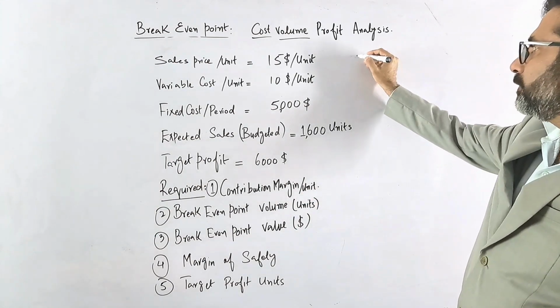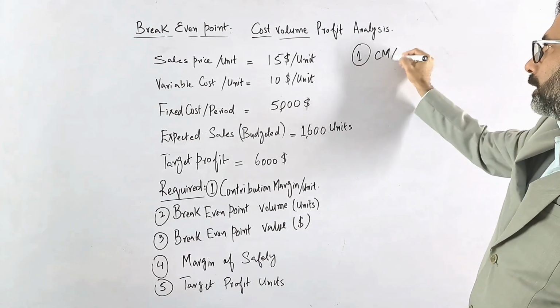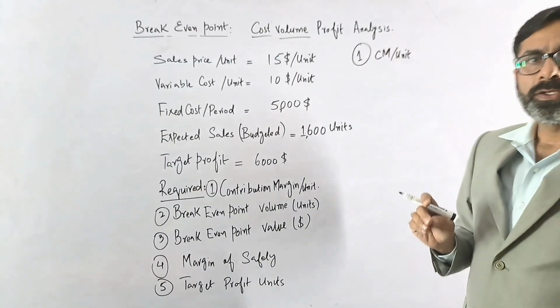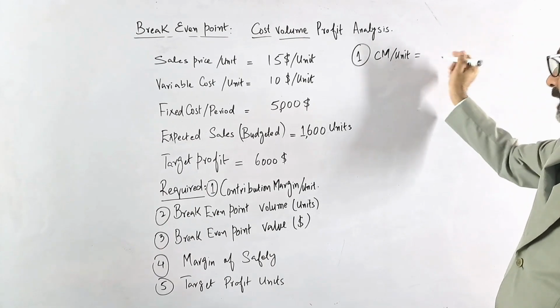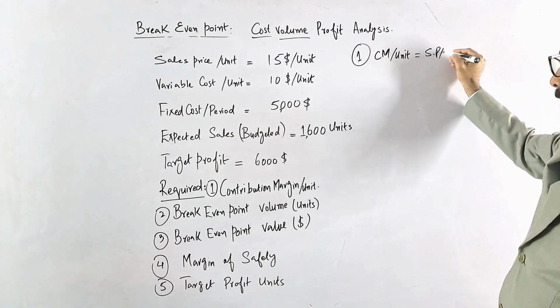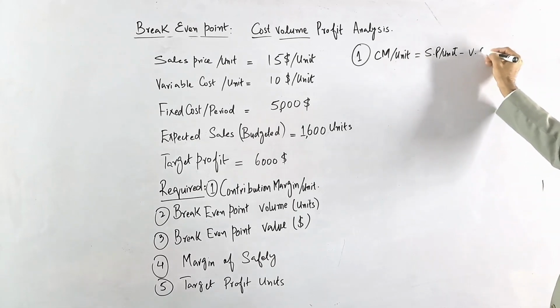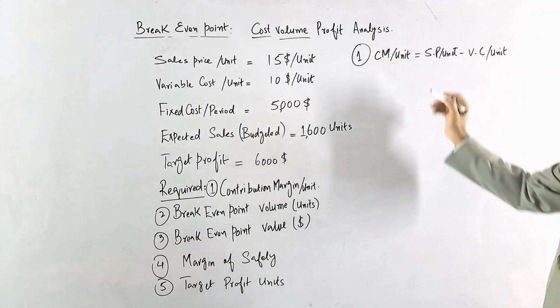The very first thing we are going to calculate is the contribution margin per unit. The contribution margin per unit is simple: the sale price per unit minus the variable cost per unit.